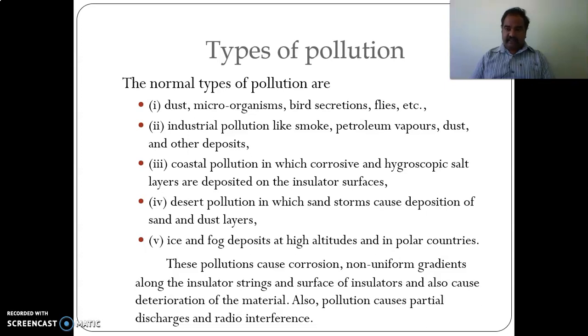As it has been now discussed, pollution is causing too much interference with the normal performance of the insulators, like varying the creepage distance, causing corrosion, causing partial discharges, radio interference.